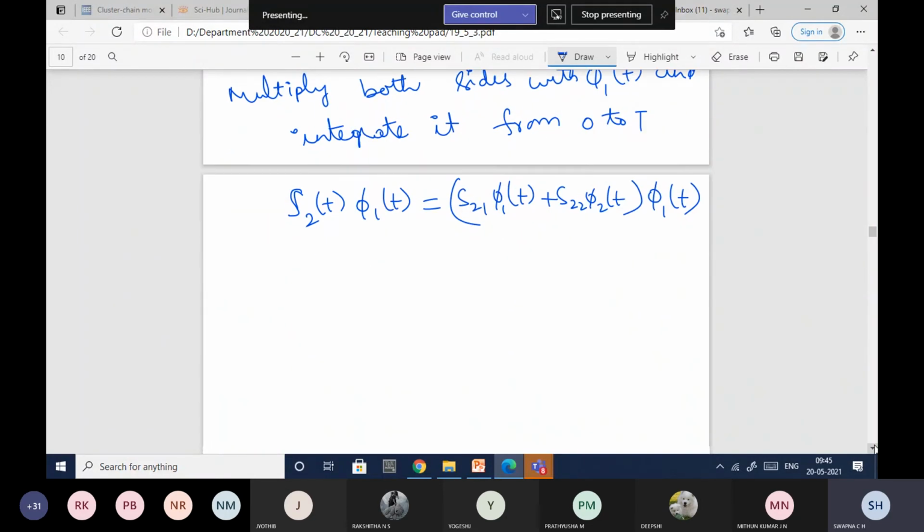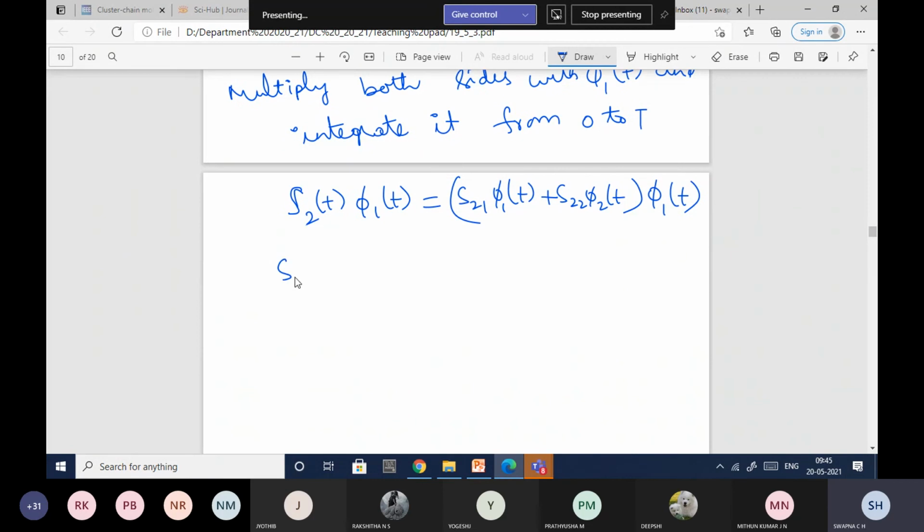Then I'll just expand it. S2 of t phi1 of t is equal to s22 phi1 of t into phi1 of t plus s22 phi2 of t into phi1 of t, both will be there. Now I need to integrate on both the sides from 0 to t.